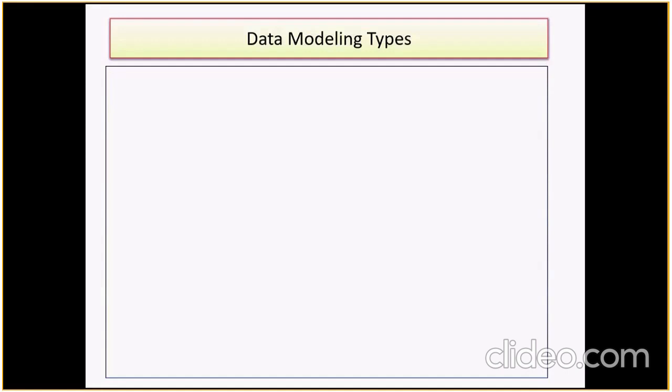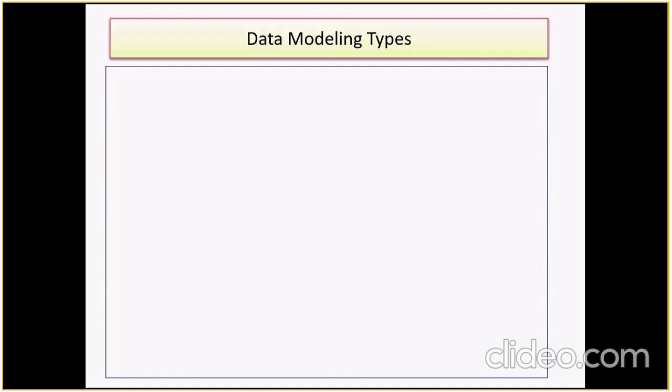Next is data modeling types. Whenever someone says I want to build a data warehouse, or I want to data model a data warehouse, in the data modeling techniques there are steps, different levels.